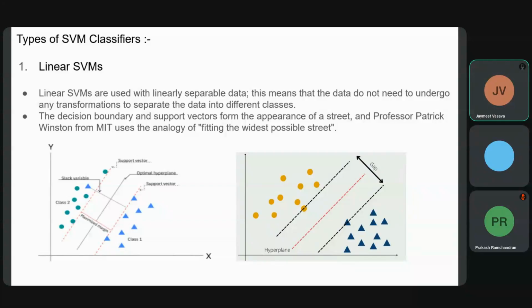So you can see why he says that. On the image on the left, there is a hyperplane, and there are margin lines being constructed which pass through the support vectors. And this gives a depiction of a street. So that is why the professor's analogy says fitting the widest possible street.